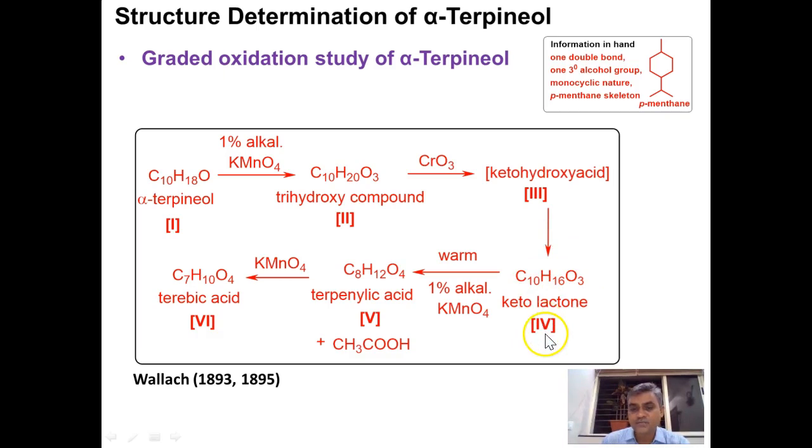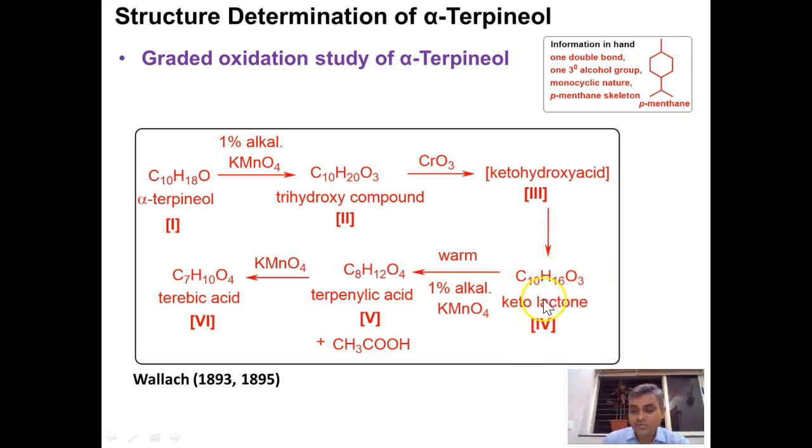When 4 was treated with sodium carbonate, it did not respond. There are 2 oxygens remaining here. One we have assigned as a ketone, and 2 oxygens we have not yet assigned. So the chance is that it may be a carboxylic acid, but when it was treated with sodium carbonate, it did not respond. It means that this ketolactone, this number 4 molecule, is a neutral molecule.